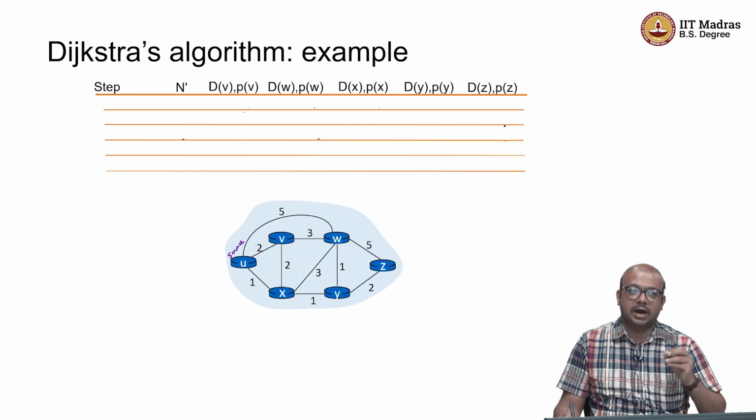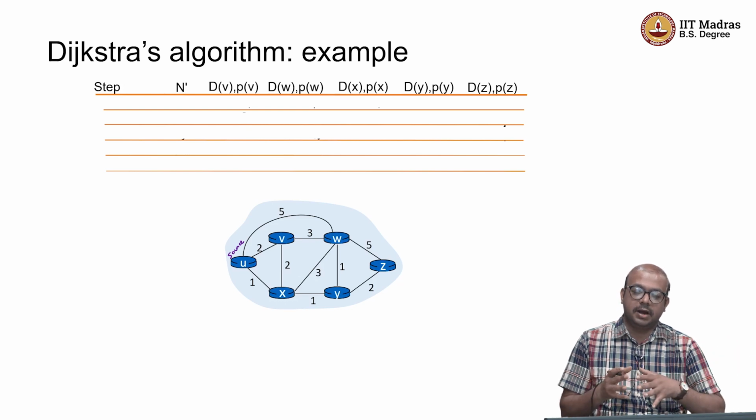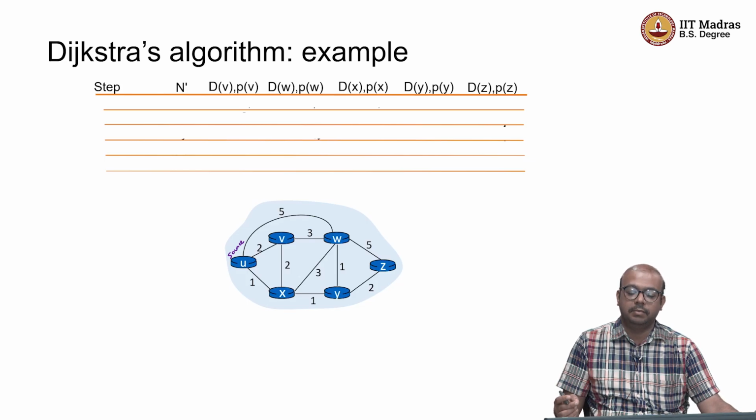N prime is going to start from u and then expand to encompass all the nodes in the network. So, the final cardinality of n prime is going to be 6, starting from 1 at initialization.